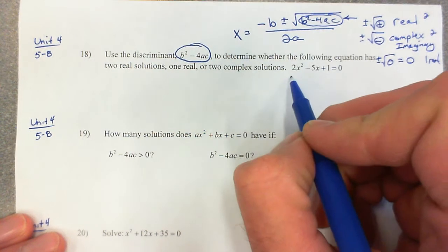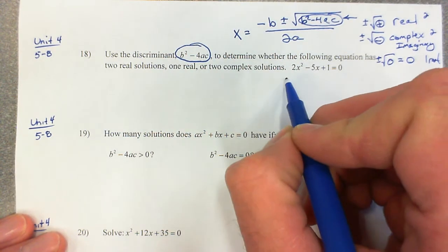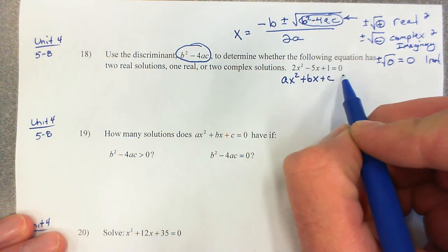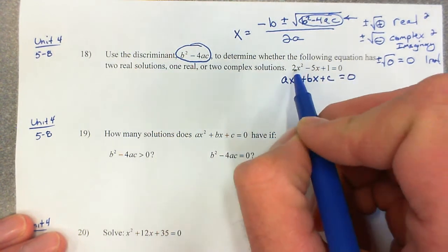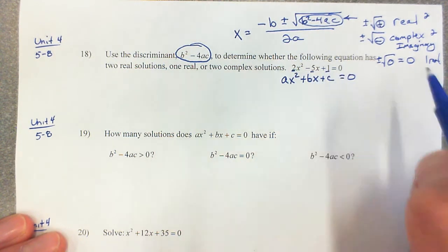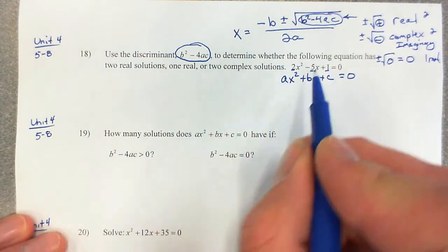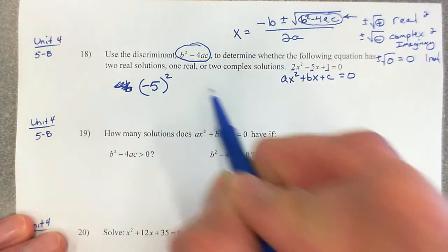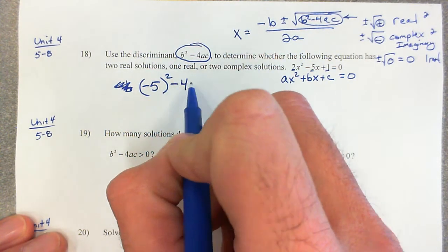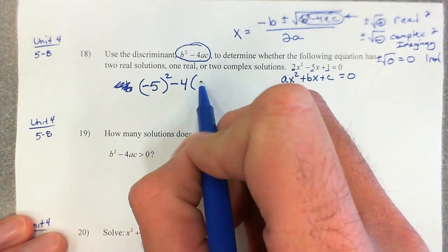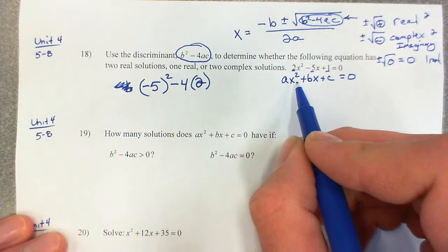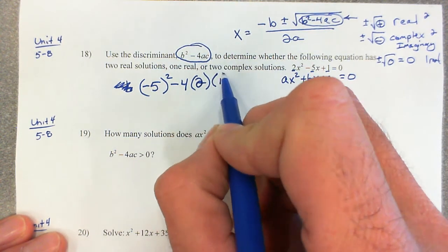So here on your equation, you need to make sure this is in standard form: ax squared plus bx plus c equals 0. So here's your a, your b, your c. In this case, b is negative 5. So this is negative 5 squared minus 4 times a, which is 2, and then c is 1.